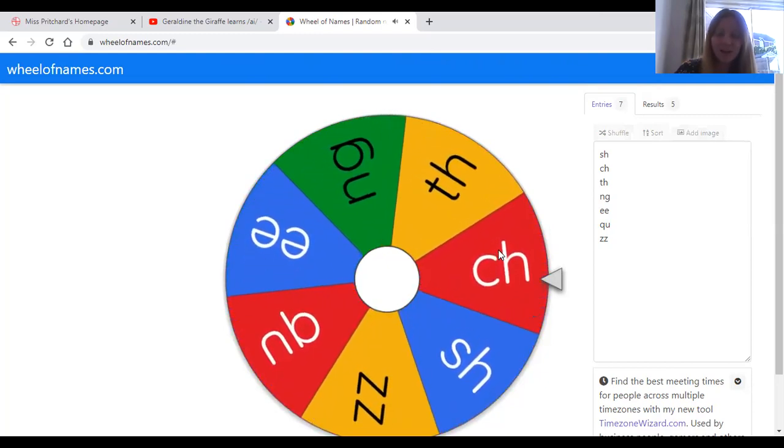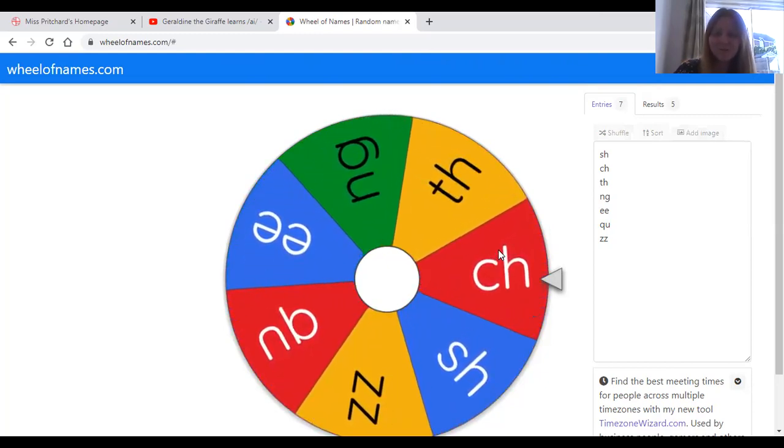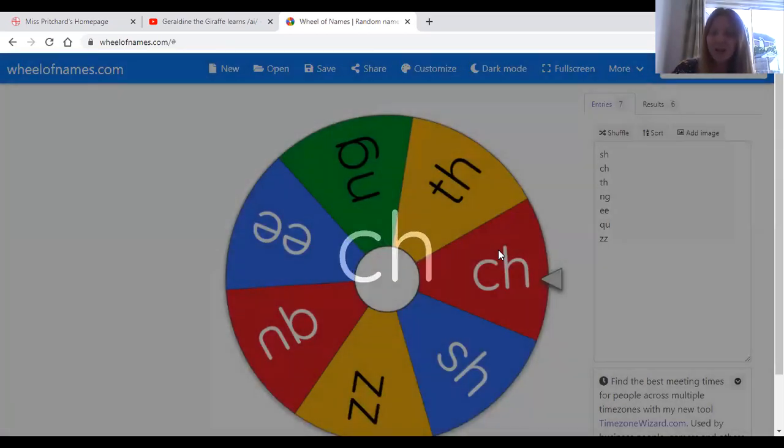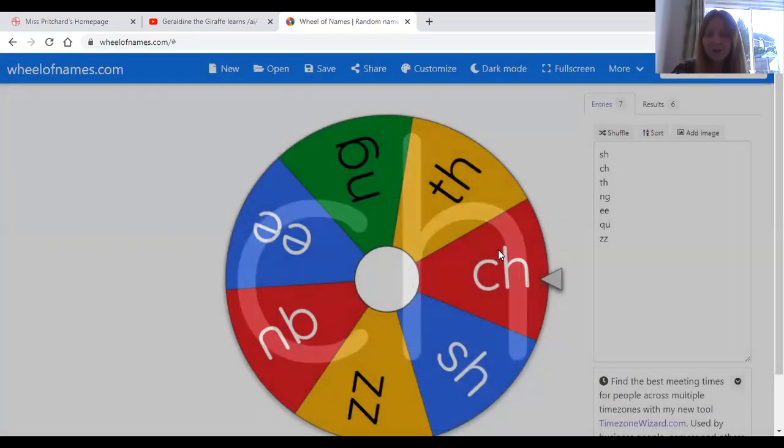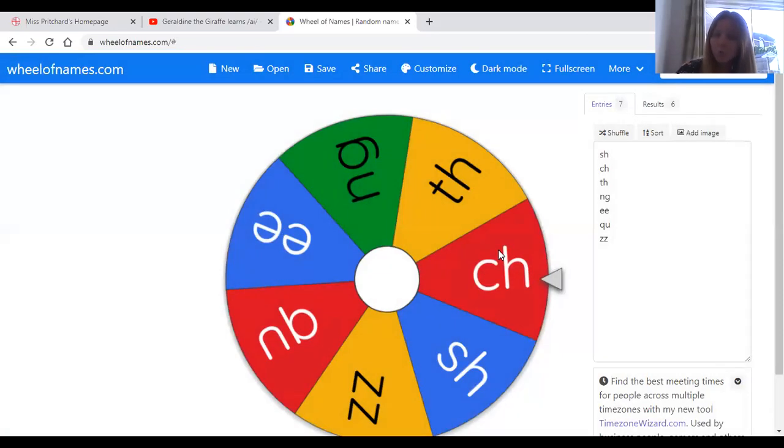Okay, what's that digraph? Well done, it's the ch sound. Can you write me a word, or more than one word would be incredible. Can you write me a word with the ch sound, please? Off you go.